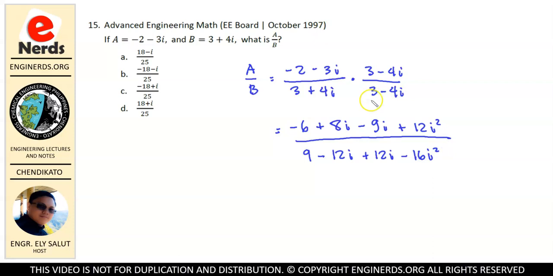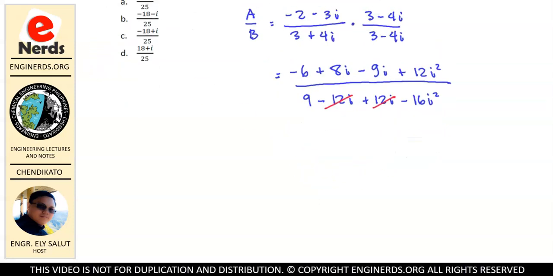So, from here, makita natin we have negative 12i and positive 12i. So, we will have here 0. Okay? So, ang maiiwan sa atin dito is A over B is equal to negative 6 minus, okay, 8i minus 9i will be minus i. Then, plus 12i squared over 9 minus 16i squared, no?